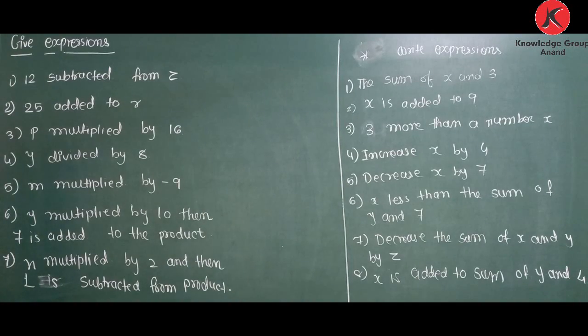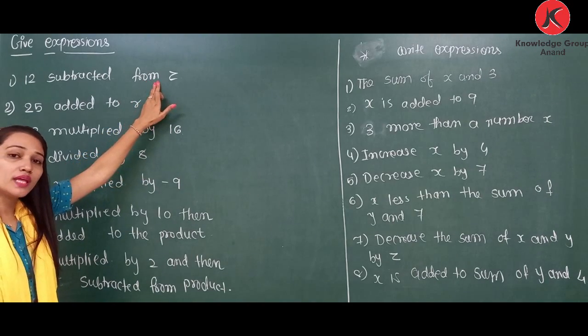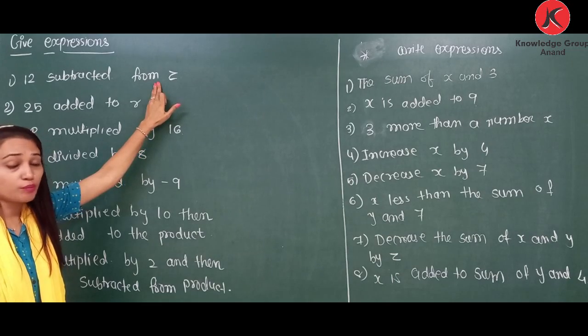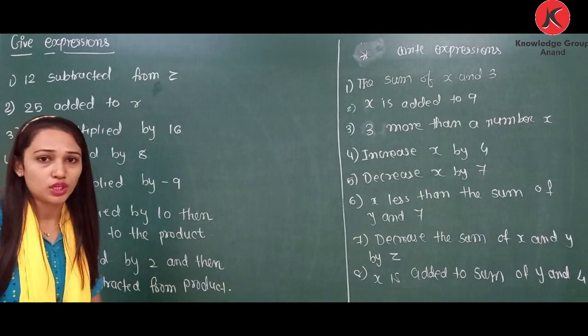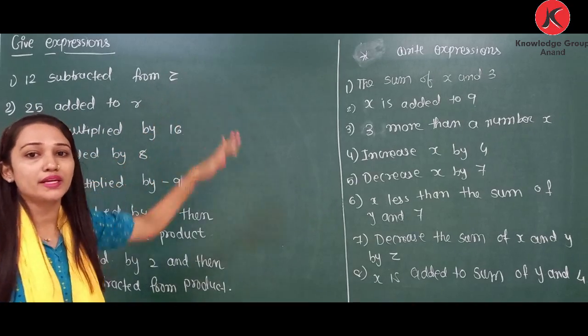Now we learn how to write an expression when statements are given. Here the statement is 12 subtracted from z. Whenever there is a subtraction, remember which one will be the first number and which one will be the second number, because subtraction is not commutative. 12 minus z is different from z minus 12.